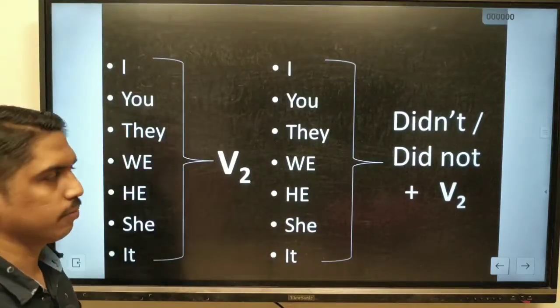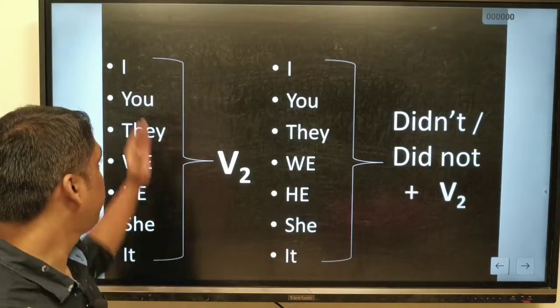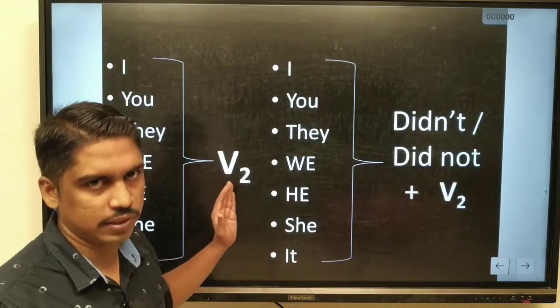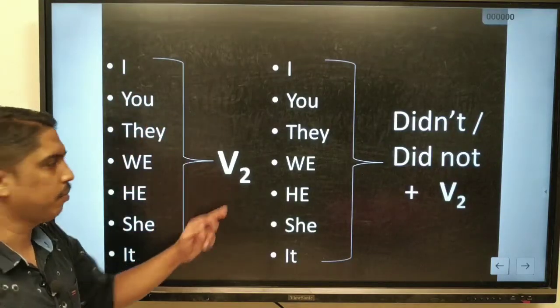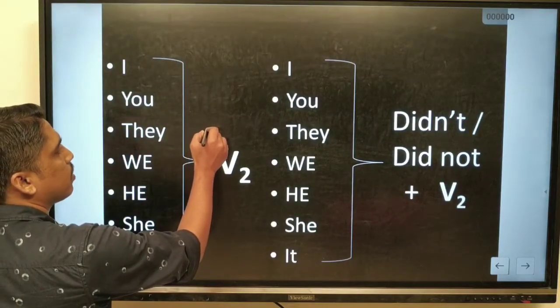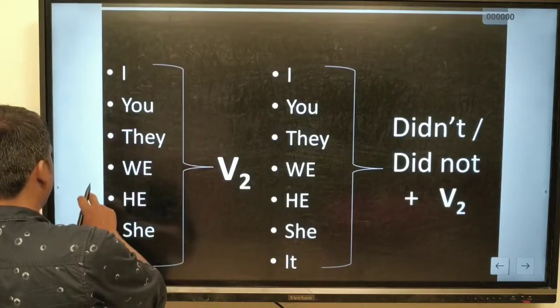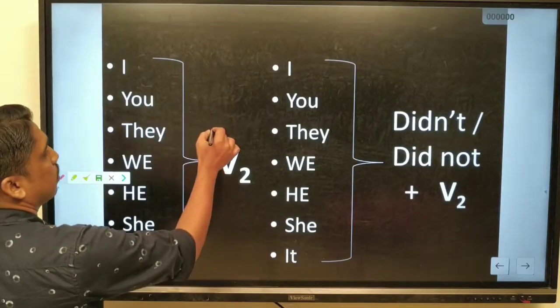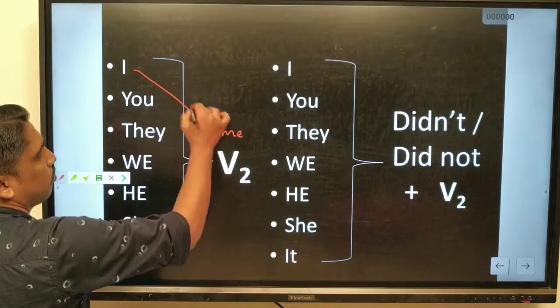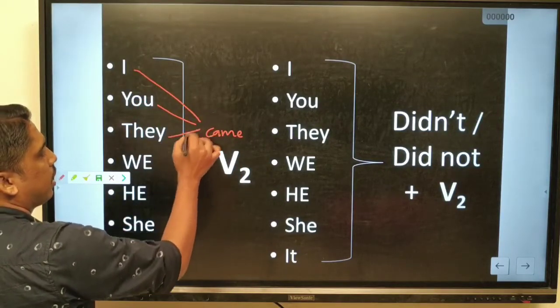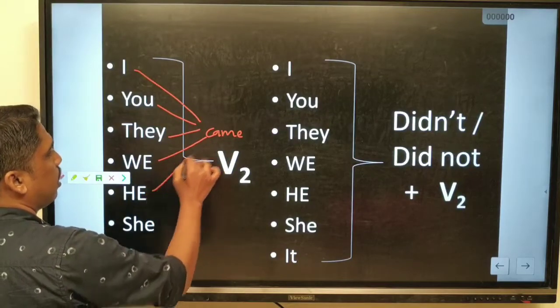Now we can see how we form it with the different types of pronouns. For example, we can take a verb here, came. I came. You came. They came. We came. He came.